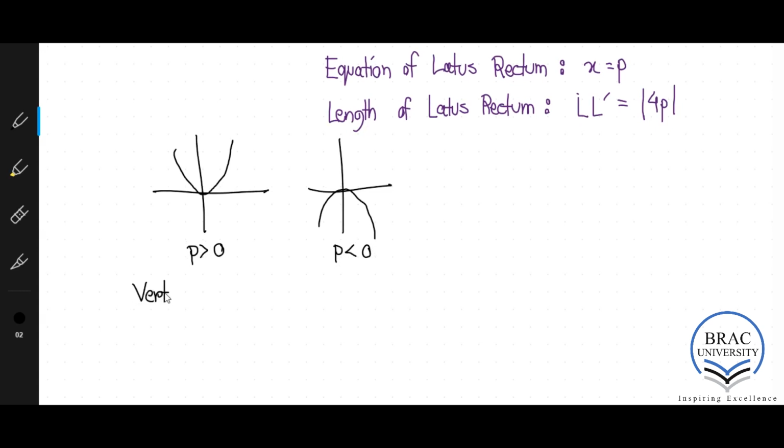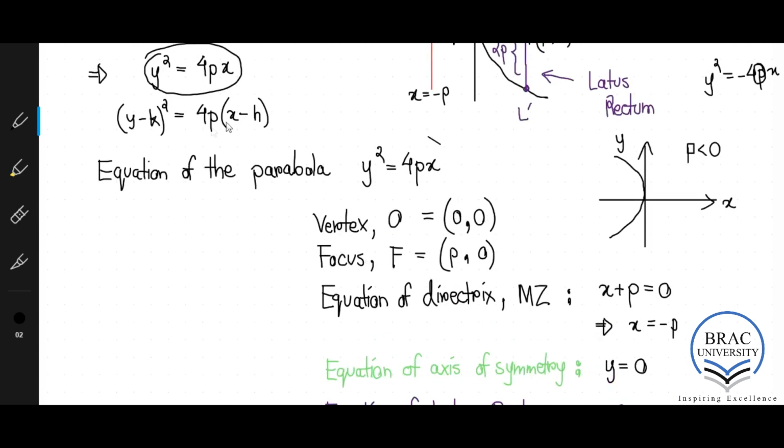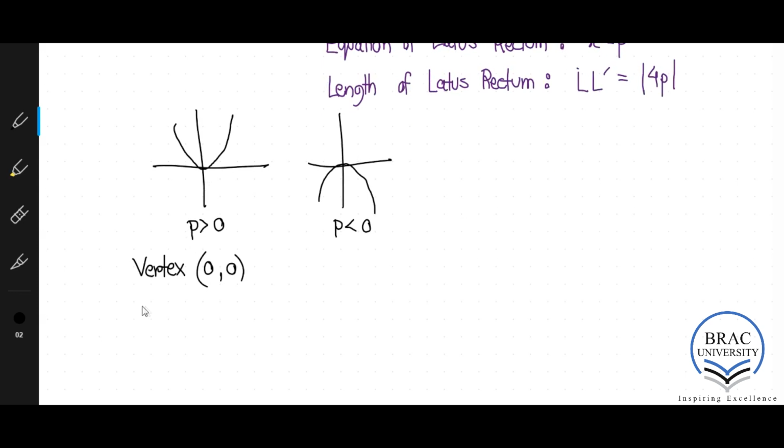So the vertex here would still have the same structure, x and y. I'll show a couple of examples on that. So the x would have the value h and the y would have the value k. So that's the vertex here. The focus here is going to be 0, p.